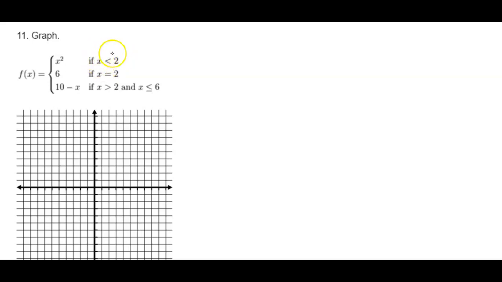All right, so let's just do x equals 2 for x squared. So if I do f of 2 for this first piece, that's going to be 2 squared, which is 4. All right, so on this first function, I'll just call it 1. We have an open circle because there's no equal to there.